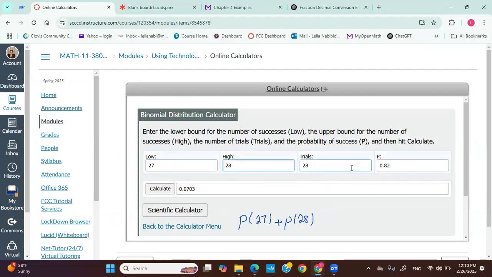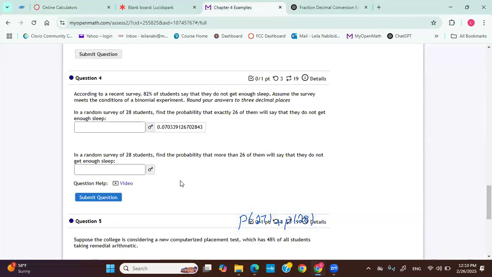We have 28 trials. And the answer is 0.0276. You see, we get the same answer.